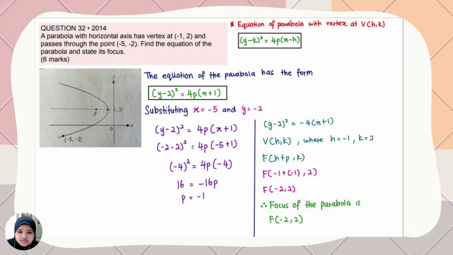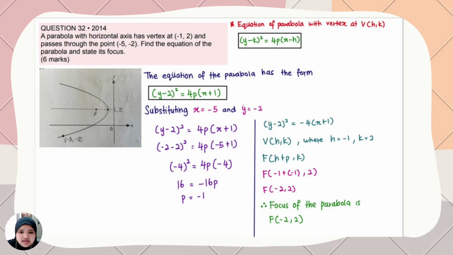As we know, h and k we can get from the vertex (h, k), so h is -1 and k is equal to 2. So we just insert the values of h and k. The equation will be (y minus 2) squared equals 4p(x plus 1).